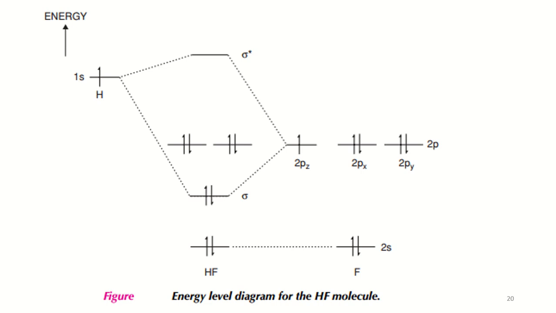Conversely, the sigma star orbital has a rather similar energy to the contributing hydrogen 1s atomic orbital and therefore retains strong s characteristics. The 2px and 2py atomic orbitals on fluorine do not interact with the hydrogen 1s orbital and therefore remain as non-bonding orbitals in the energy level sequence.